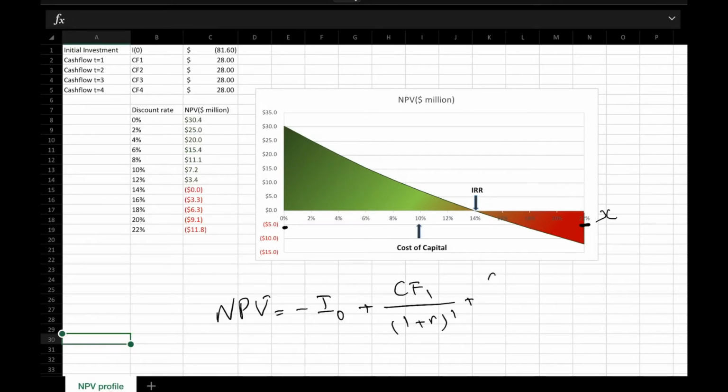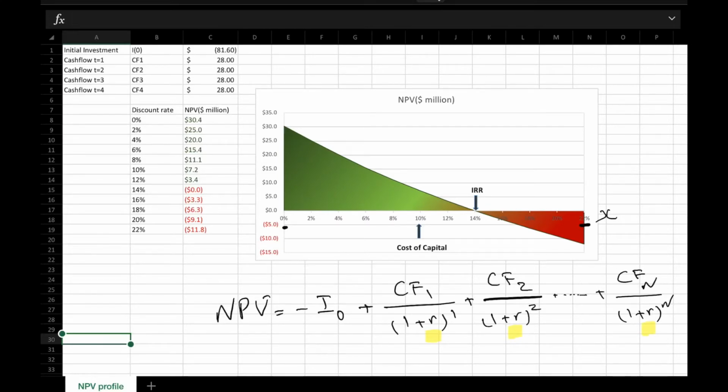So let's say I have a cash flow at time 1 and cash flow at time 2, and so forth, and a cash flow at time n. Okay, so here, as you can see, the NPV value is sensitive to the interest rate R.